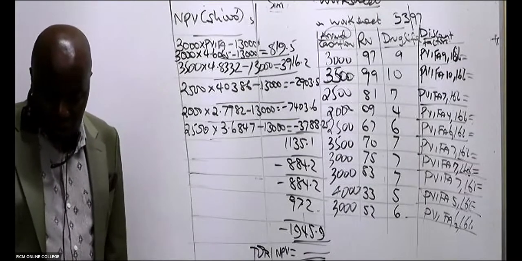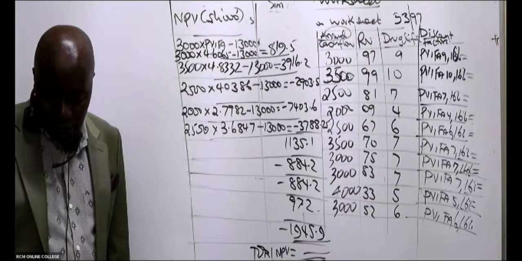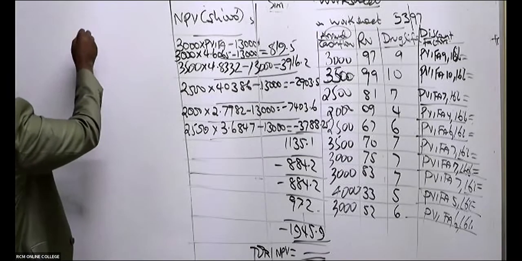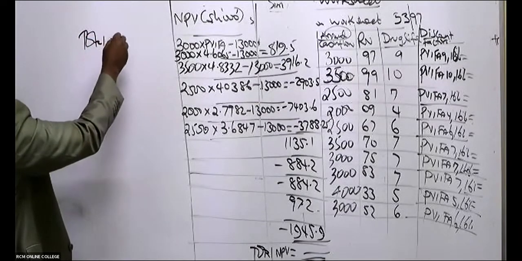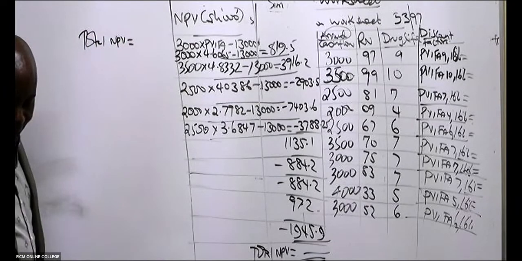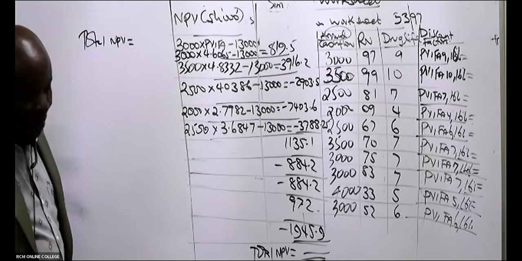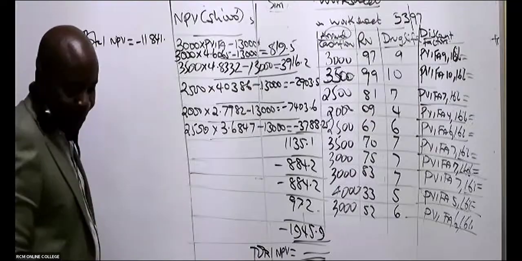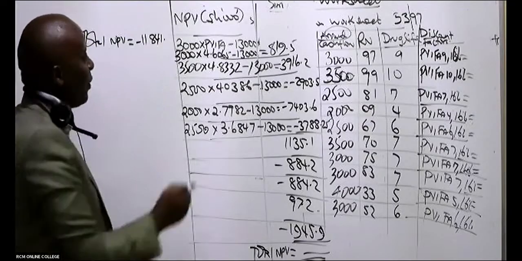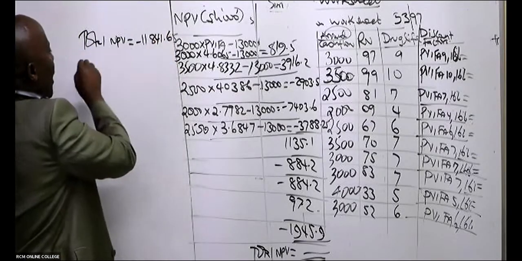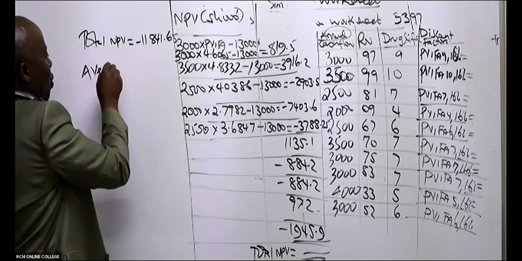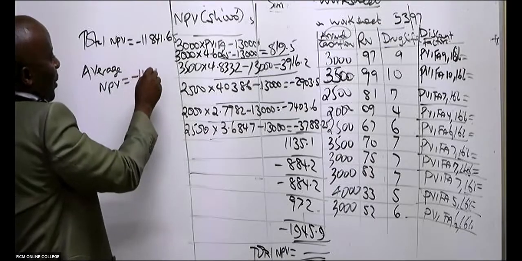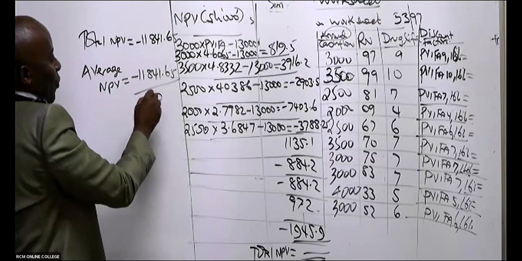According to this ninja called Lincoln, I don't know whether somebody else is able to confirm the same, but according to him, the total NPV will be negative 11,841.65. Once I get this, I'll be able to get what we call the average NPV, which will be this divided by the number of runs.